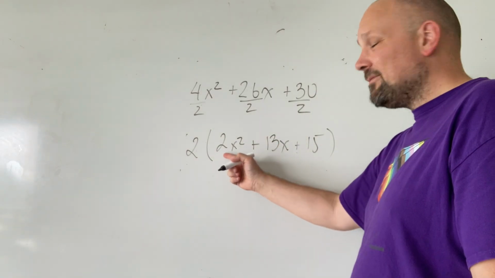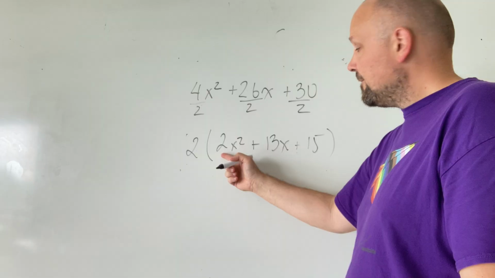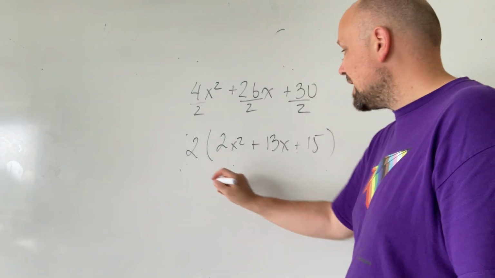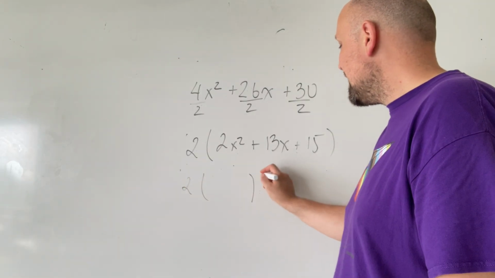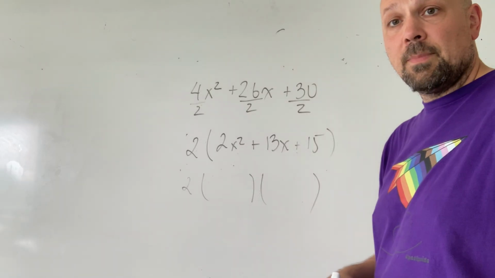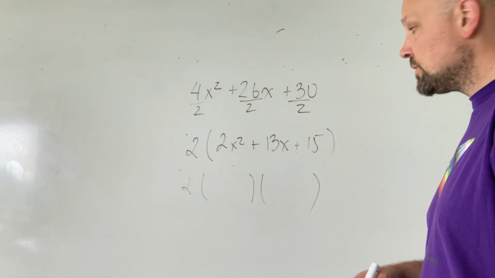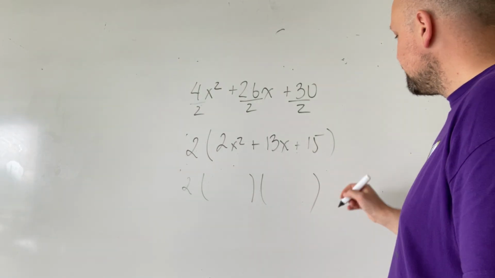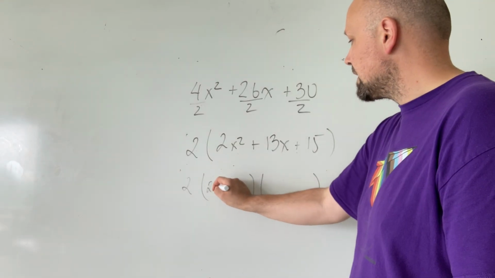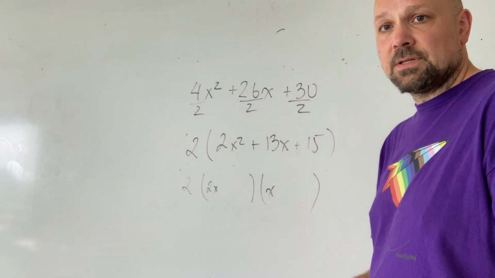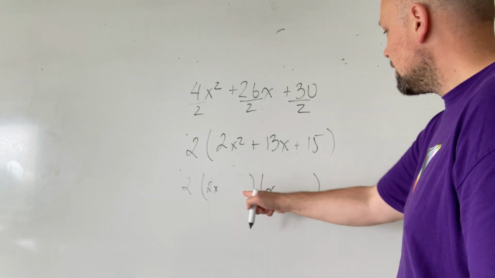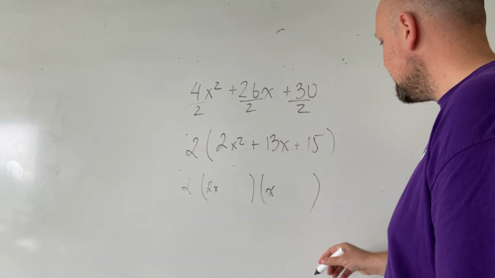Okay? So I still have a complex trinomial, right? So I'm still going to have to do guess and check, but at least the numbers are smaller, more manageable, right? So now I know that this has to come from 2x times x. There's no other way for it to start. But here, I need things that multiply to 15.